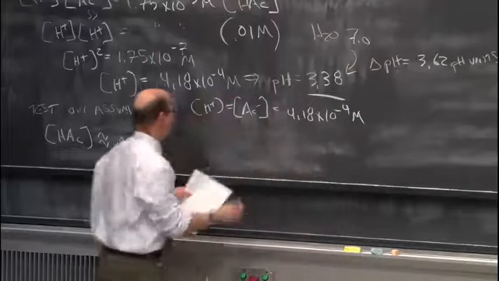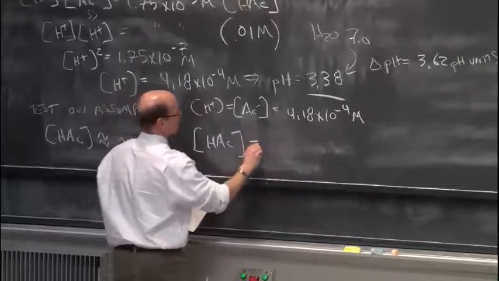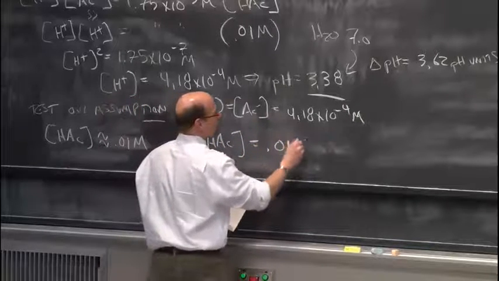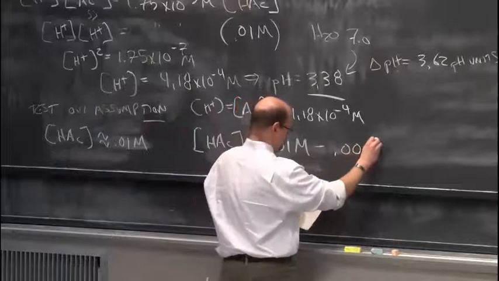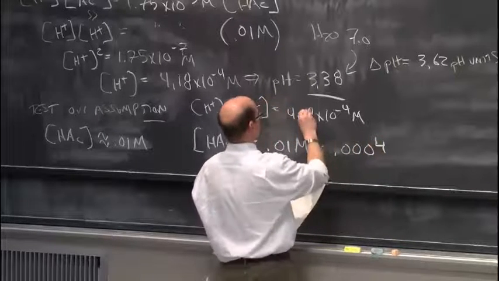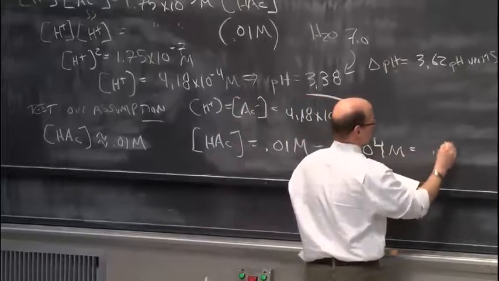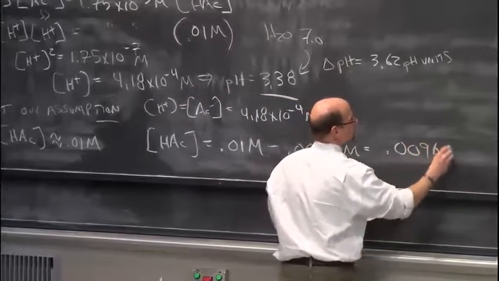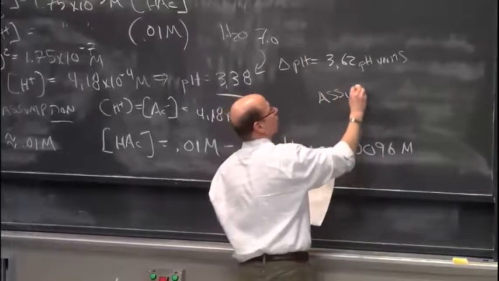And so if I now calculate what the real concentration of the undissociated acetic acid is, it would be 0.01 molar minus 0.000418 molar, which is equal to 0.0096 molar. So our assumption was accurate to within 4%.